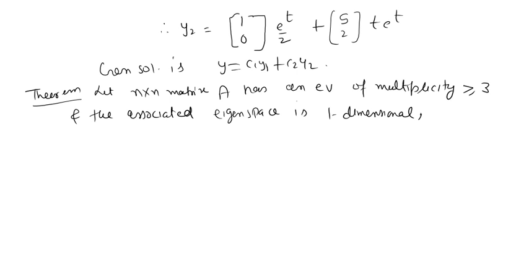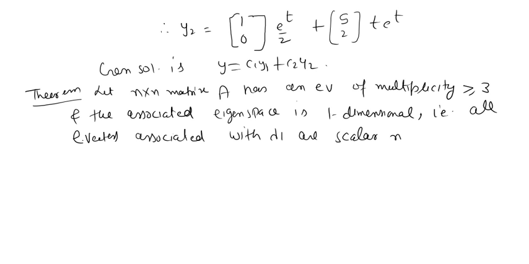So you can write, in short, eigenvectors associated with lambda 1 are scalar multiples of eigenvector x, or you can write v if you want.